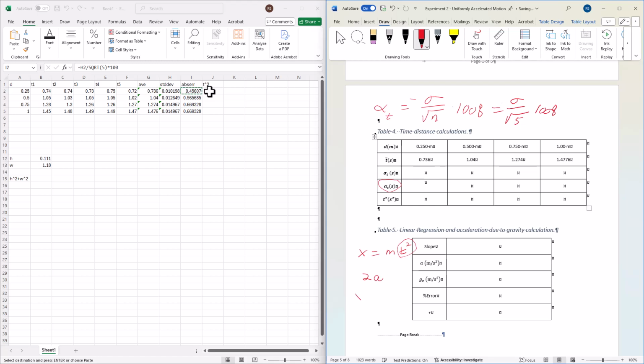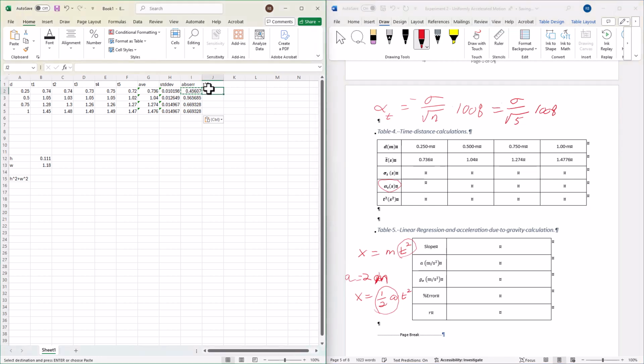How do I know that? Well, because x is equal to 1/2 a t squared. So if we plot x against t squared, we're going to have a linear relationship. And yes, this will be the slope. So this should be m. Sorry about that. If that's the case, then a is going to be equal to twice that slope, which is kind of indicated there. Okay, so we need to figure out what t squared is.